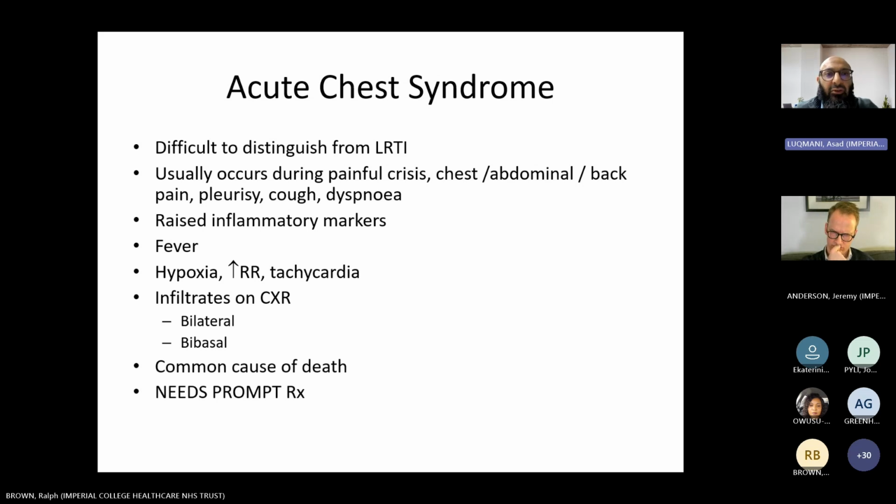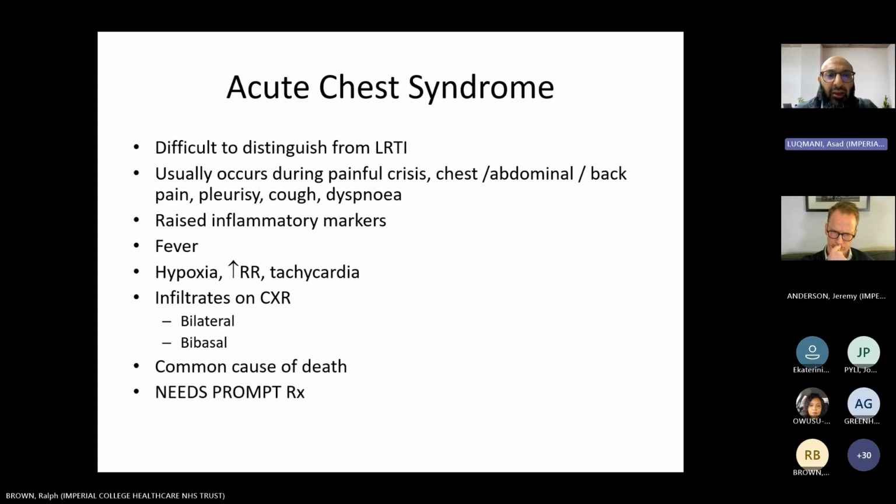But acute chest syndrome actually refers to sickling in the pulmonary vasculature. It can be quite difficult to distinguish between an acute chest syndrome and a pneumonia or lower respiratory tract infection. But usually patients with acute chest syndrome are more sick and have a more significant degree of respiratory compromise.